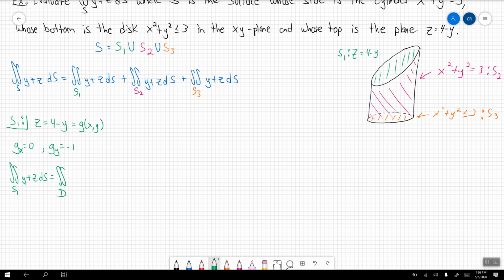Now the integrand is y plus z. And then we're going to do the magnitude of the gradient. So g prime of x is 0, so it's going to be 0 squared plus 1 squared plus 1. And this is all going to be dA.